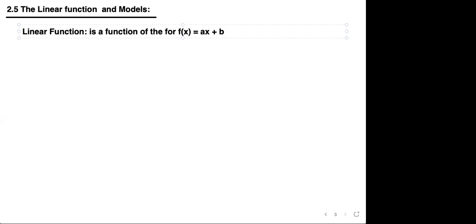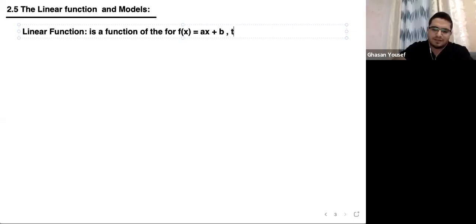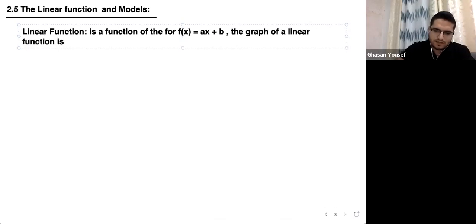Exactly, the y-intercept. Thank you. So the graph of a linear function is a line with slope a.